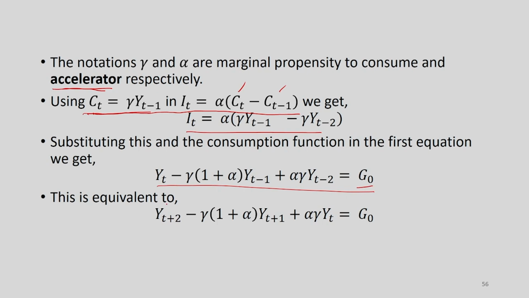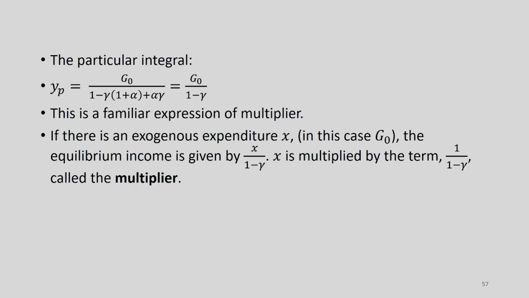I can change the time period a bit and write the same relation in terms of y_{t+2}, y_{t+1} and y_t. Okay. So, this is a second order difference equation. We know how to solve this. First, we look for the particular integral. Okay. So, I am just skipping some steps.